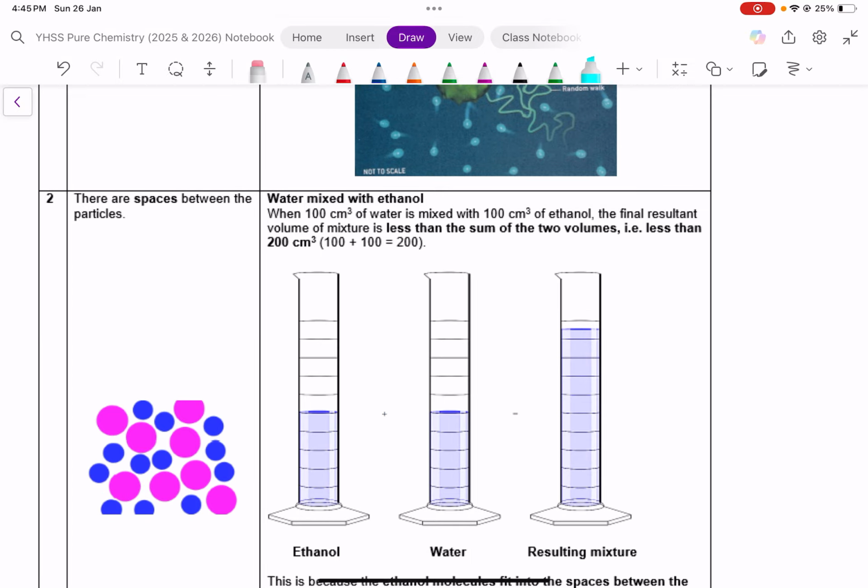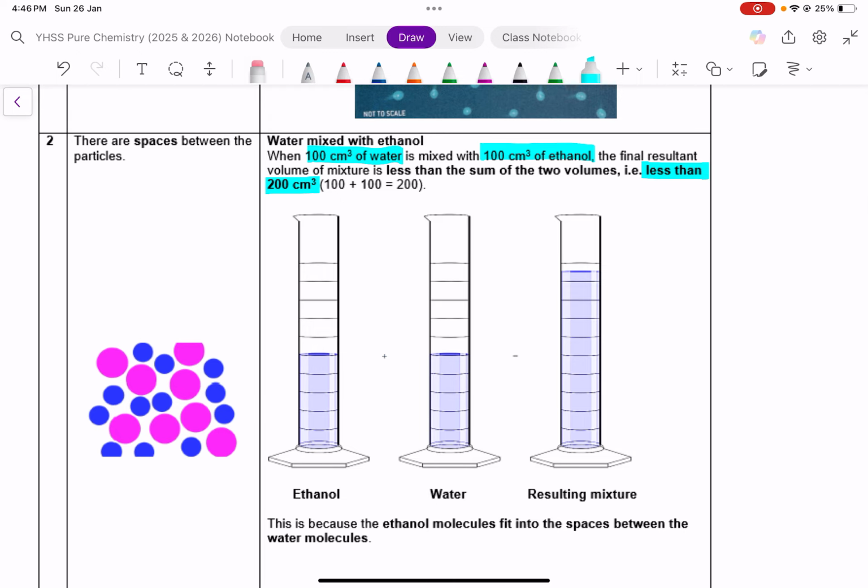Other pieces of evidence: when you mix water 100 cm cube with ethanol 100 cm cube, you may expect the final volume that you observe to be 200 cm cube. However, what you would observe is somehow when you mix the two together, the resultant volume is less than 200 cm cube. Now, why is that the case?